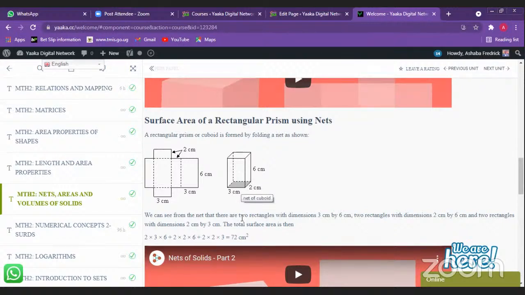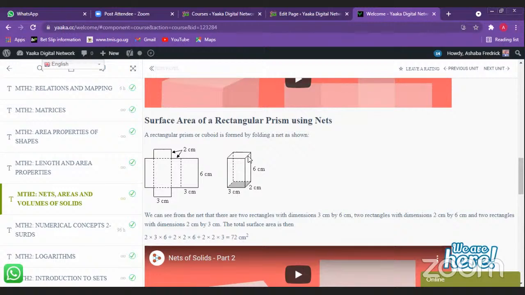So let us see, can we try to sketch it? We get the area of the bottom, 3 times 2, which will give us 6. Then we multiply it by 2. Then we get the area of this face here, and we as well multiply it by 2.